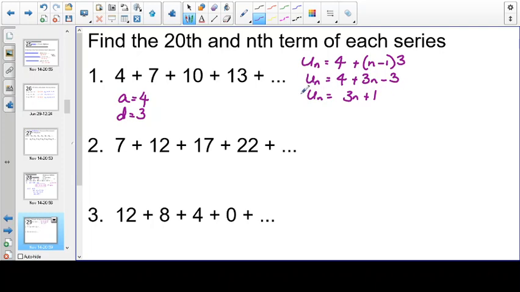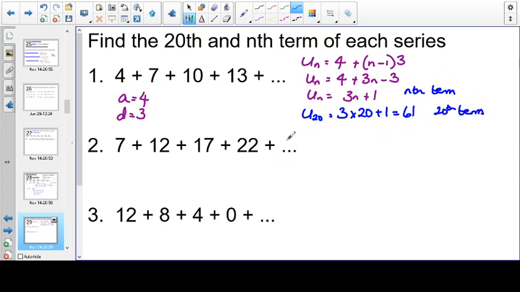Okay, that is the nth term for that particular sequence. And then we can get U20 by substituting 20 in here. So 3 times 20 plus 1 is 61. And that's the 20th term.